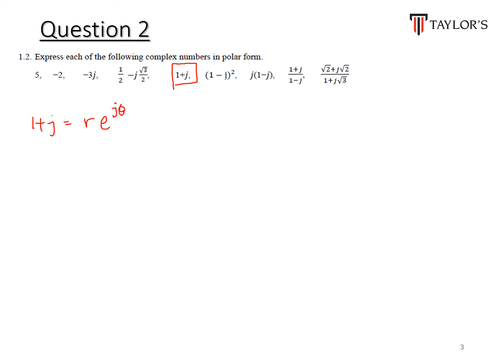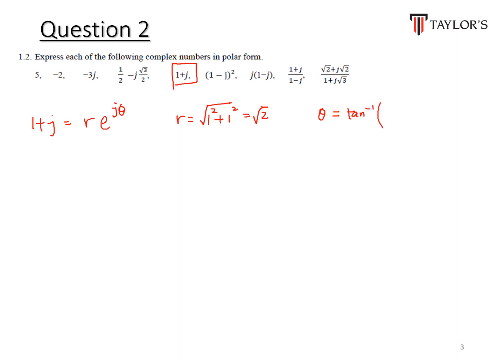If you refer to our lecture notes, you'll notice that r is given by the Pythagoras theorem. We just need 1 squared plus the coefficient of the j, which in this case is also 1, so you just get square root of 2 in the end. For theta, it is given by the arctangent of your y against your x.